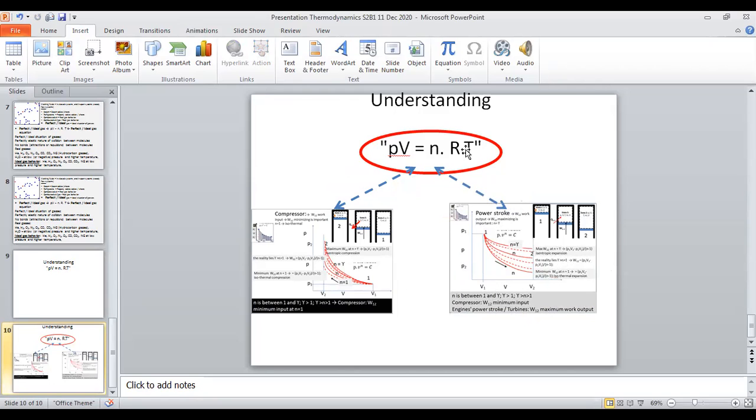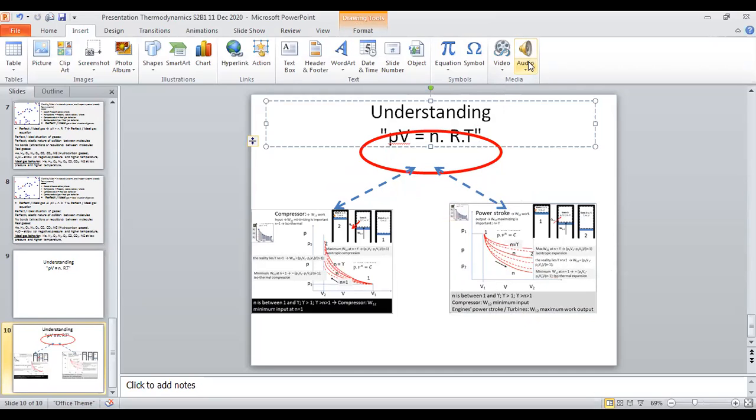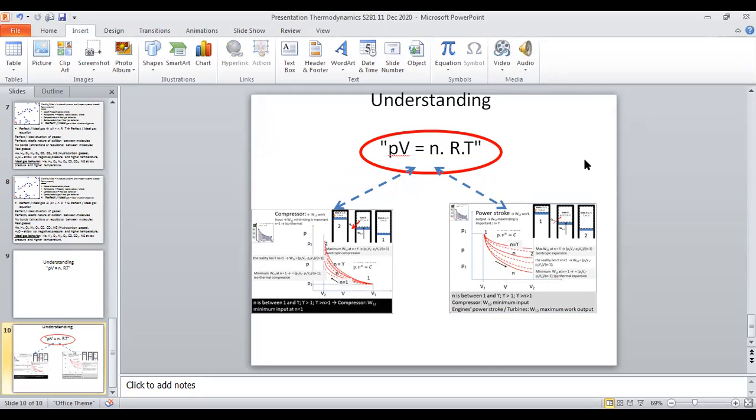This is very important. It is something like a guideline for you. With this understanding, you can use this. That's why understanding PV equals nRT is important.